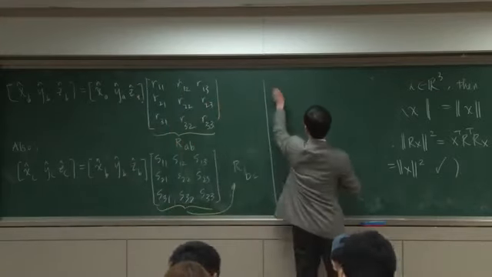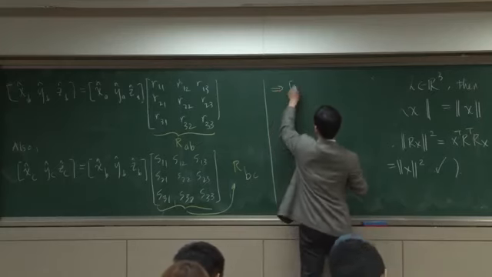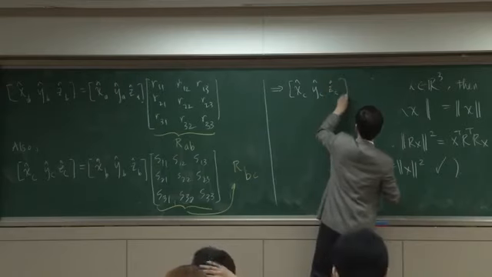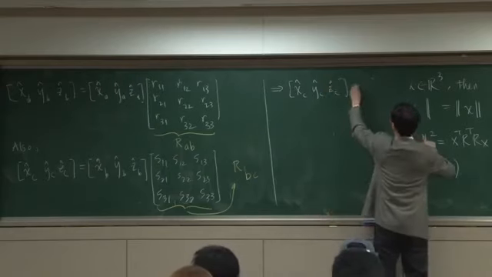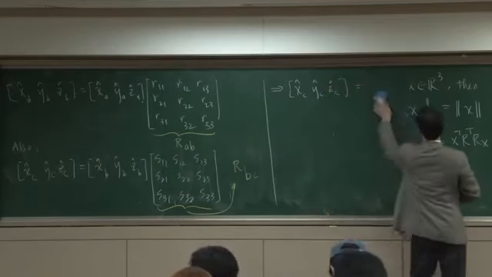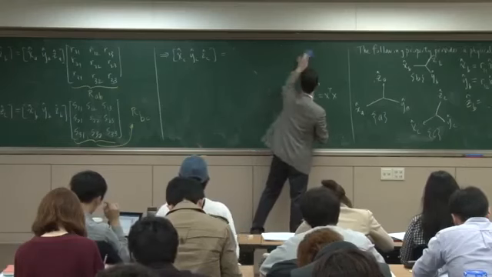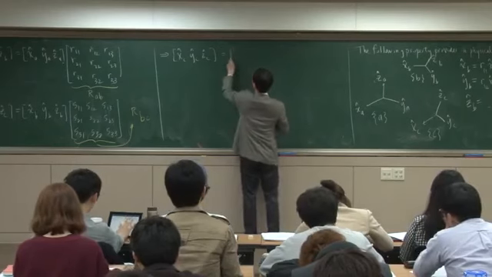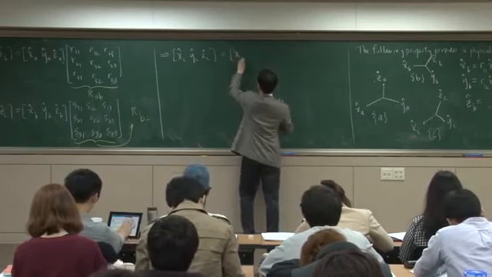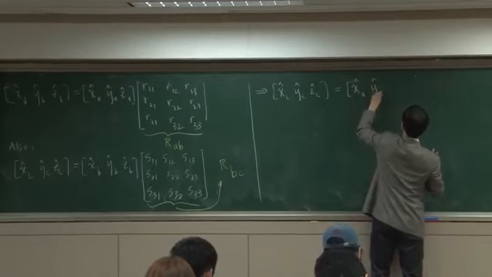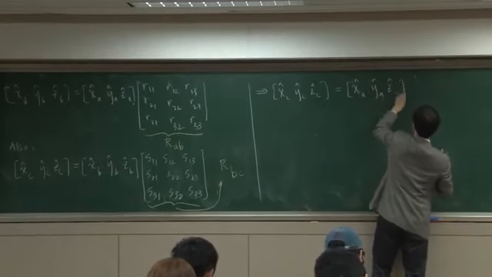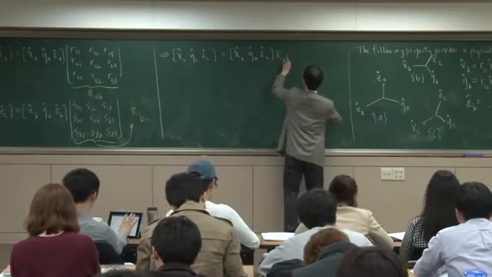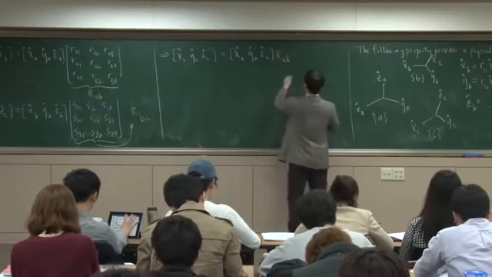So what we see is that XC, YC, ZC is in fact equal to XA, YA, ZA times RAB times RBC.